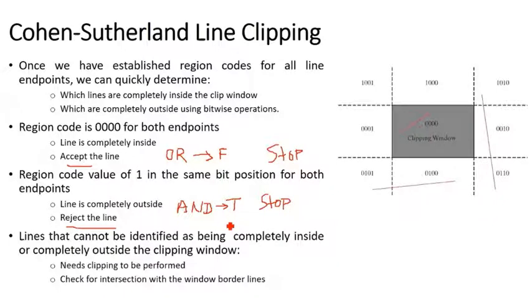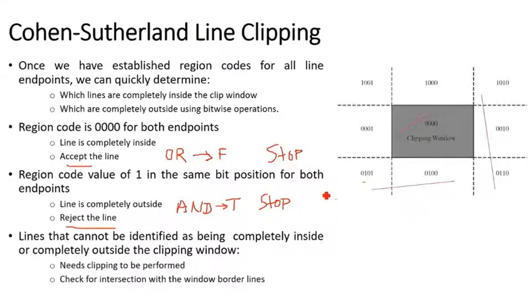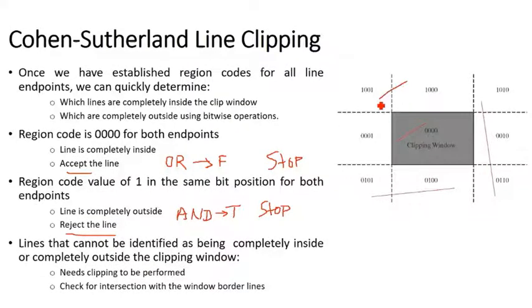If this becomes false, that means this line is not completely inside or not completely outside. It might be outside, but it might be present in different regions. The endpoints might be in different regions like this, or it might be something like this, which means it needs clipping.